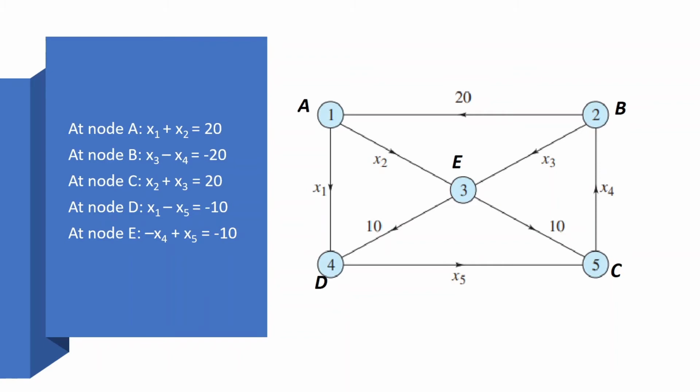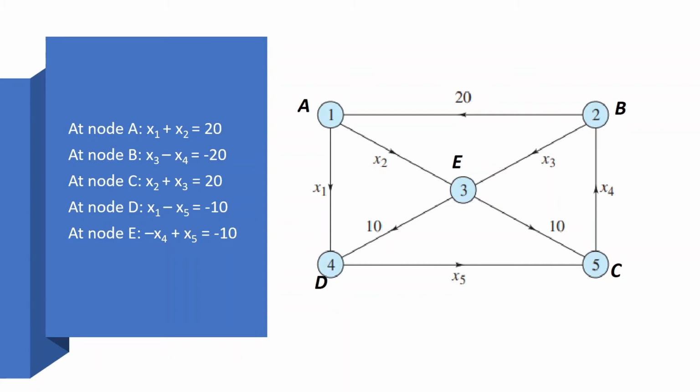So we apply the main idea of the traffic flow. At node A, we have x1 plus x2 equal to 20, where 20 is the flow in, and x1 with x2 is the flow out.